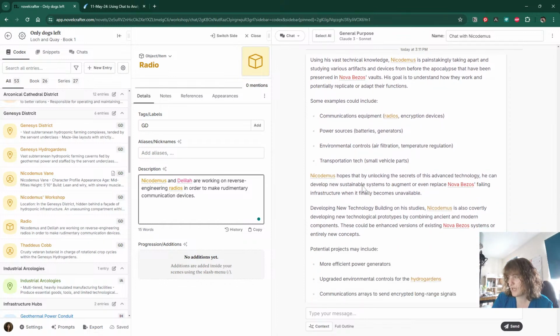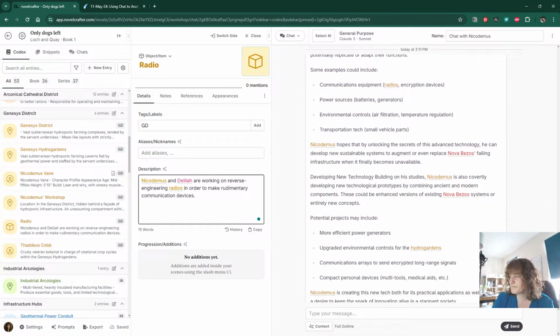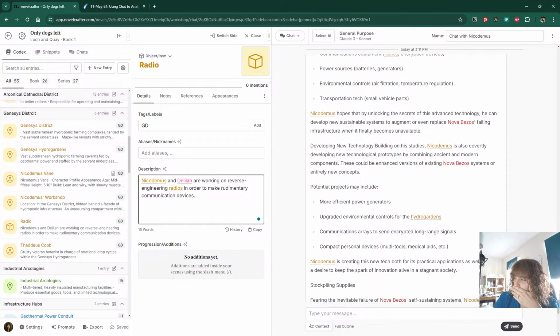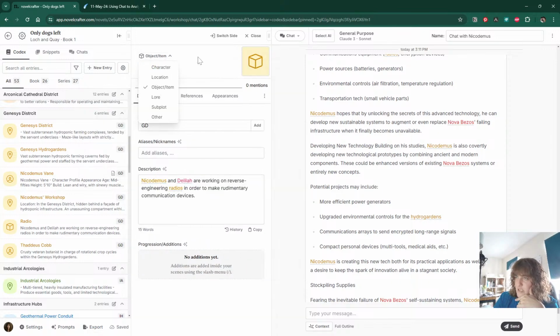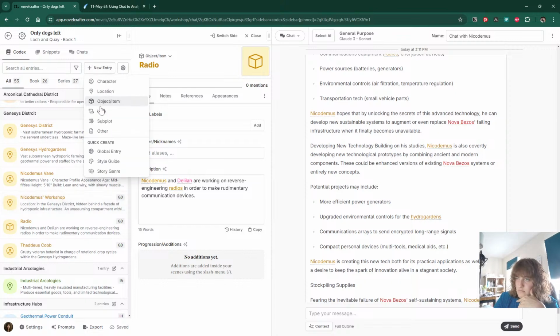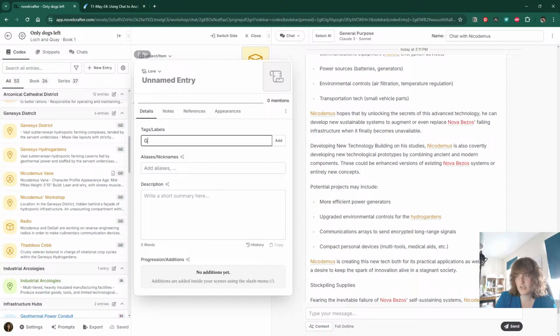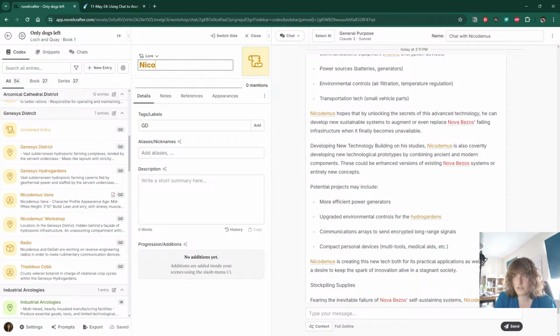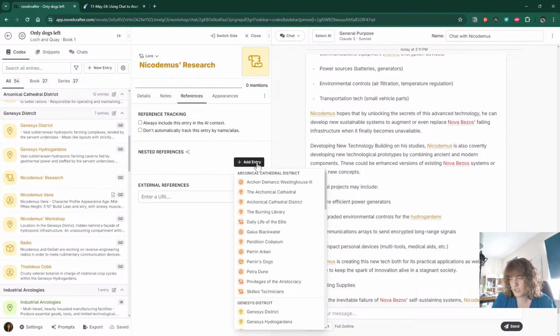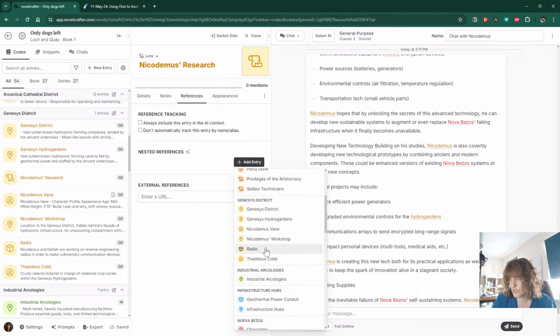Yeah, communications device. I like that. And then I might put a lore entry in the Genesis district, and this is going to be about Nicodemus's research, and within it I'm going to have a nested entry, the radio.